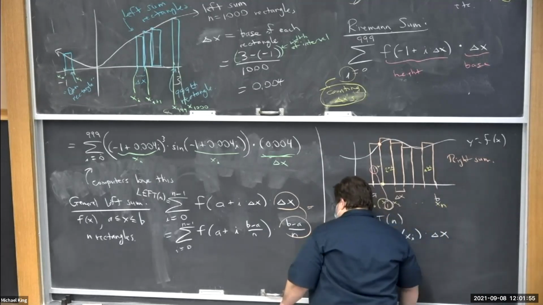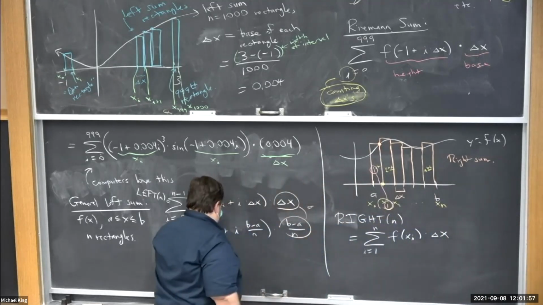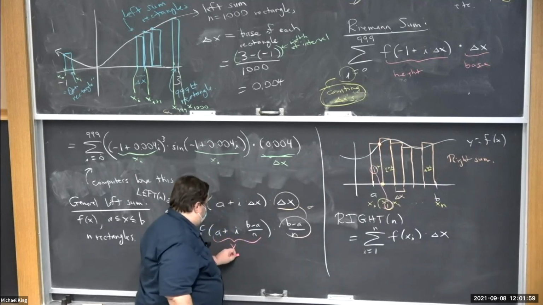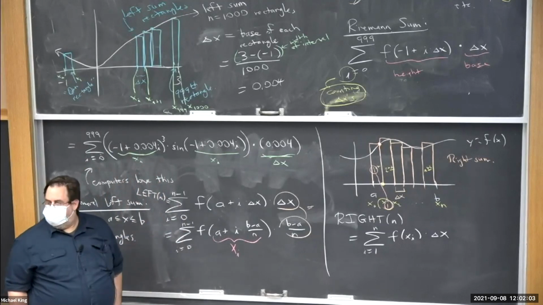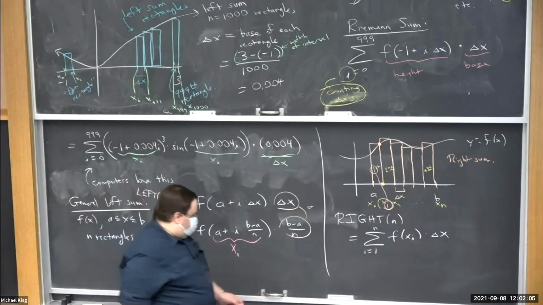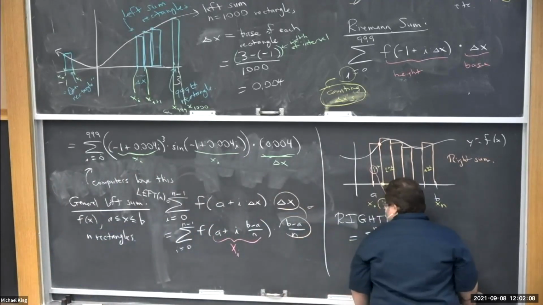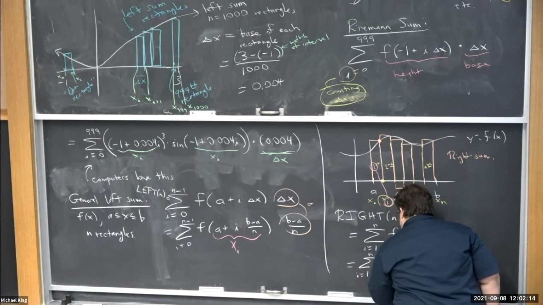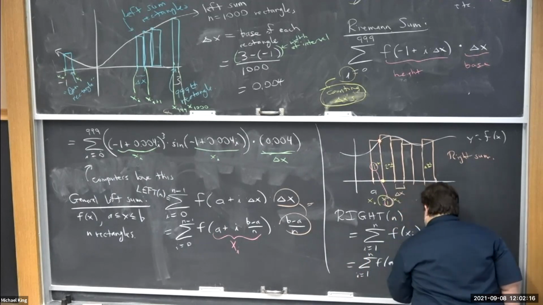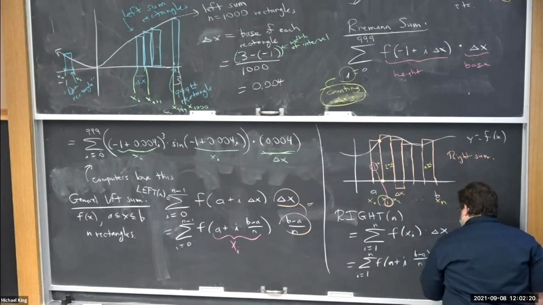This really was x sub i, the ith point along the x-axis. And so we could write this just as explicitly as the sum i equals 1 to n of f of a plus i times b minus a over n, times b minus a over n.